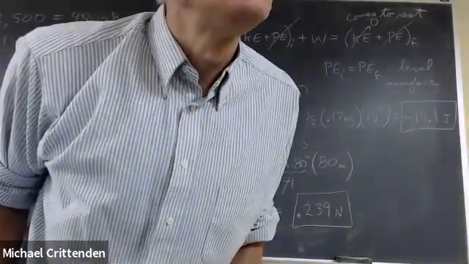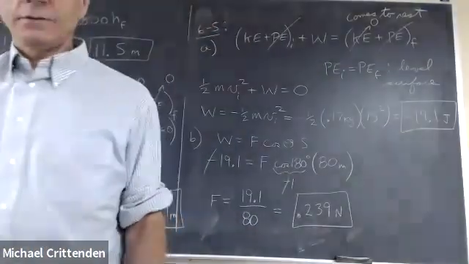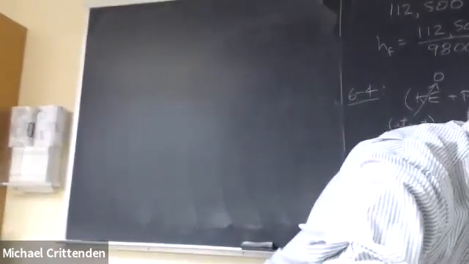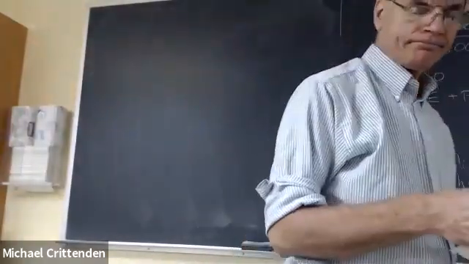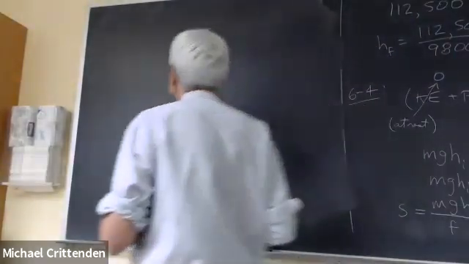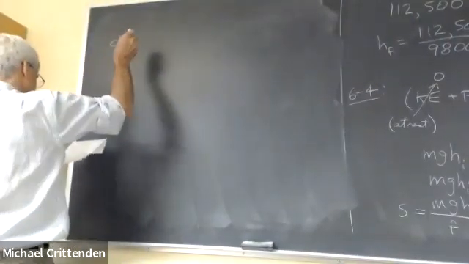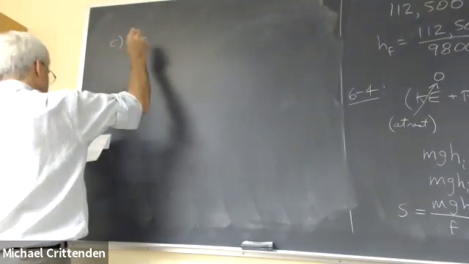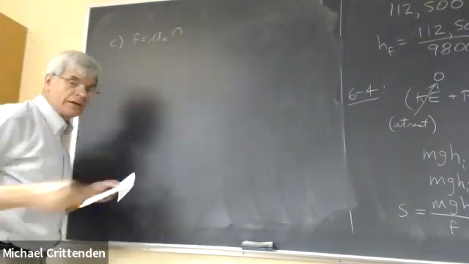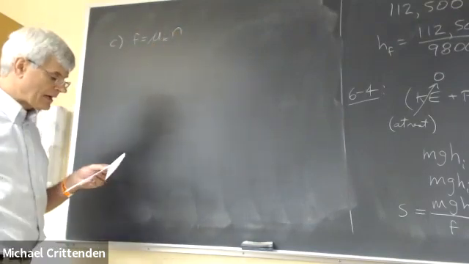Last part, the coefficient of friction. This is sort of a review kind of thing. We're going to get the coefficient of friction out of F equals mu times N. Coefficient of kinetic friction because the puck is sliding.